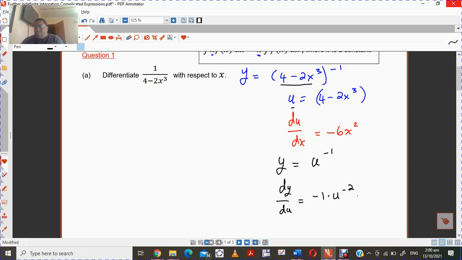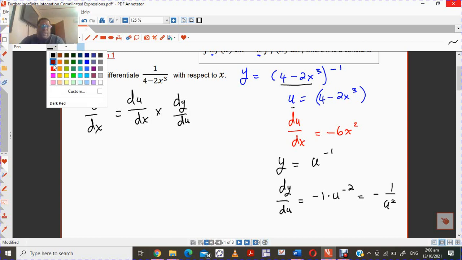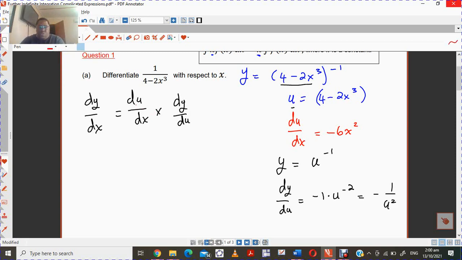So this is basically the same as negative 1 over u squared. Okay, so now I have this, so I can do du dx times dy du should give me dy dx. It's like your du's cancel.